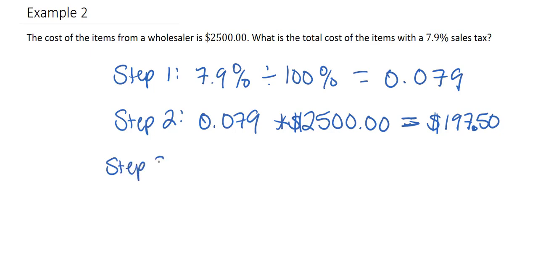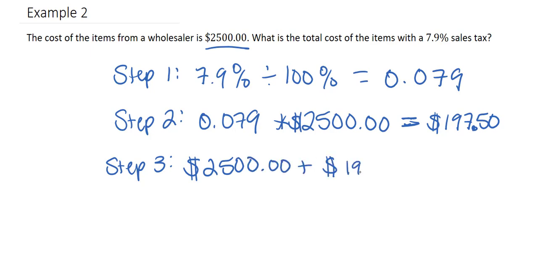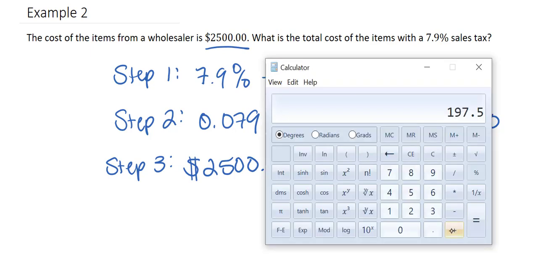Step 3, let's add the sales tax to the starting amount. And we get $2,697.50.